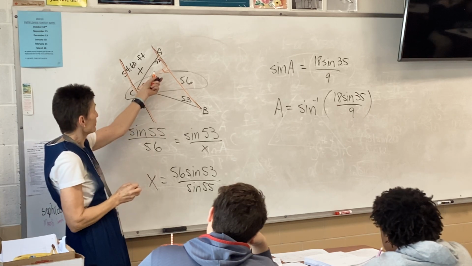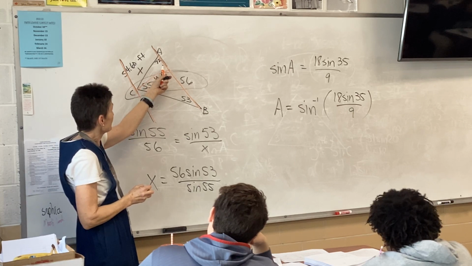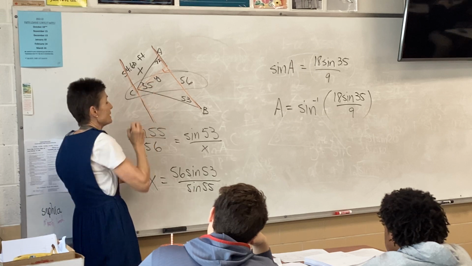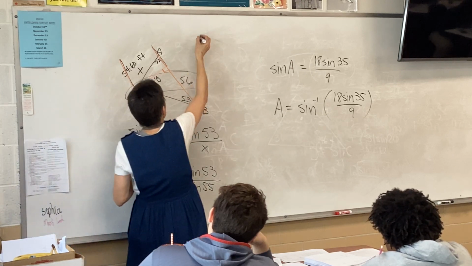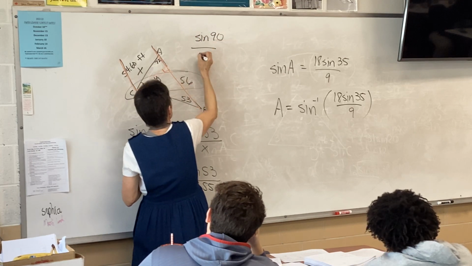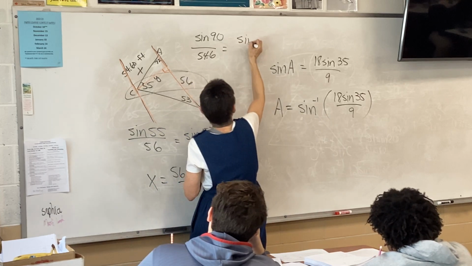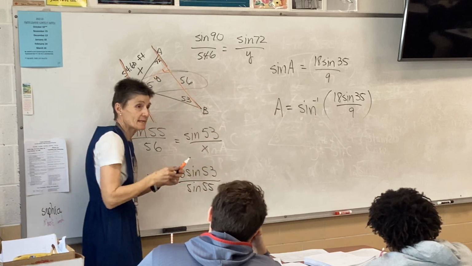Look at that little triangle up there at the top. I know that's 72, that's 90. I could find this one down here, I don't need it, but I could certainly find that one. But can't I say sine 90 over 54.6 equals sine 72 over y? Look at that picture, can I say that?